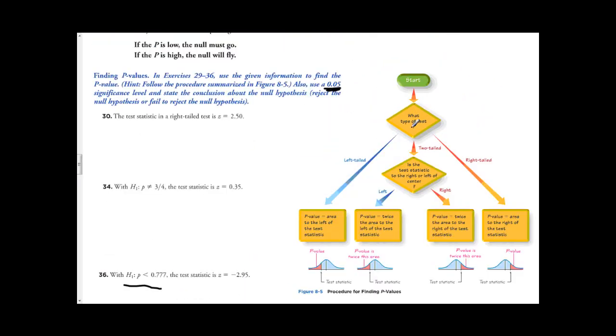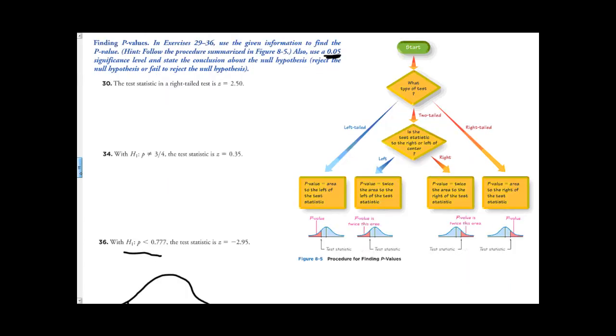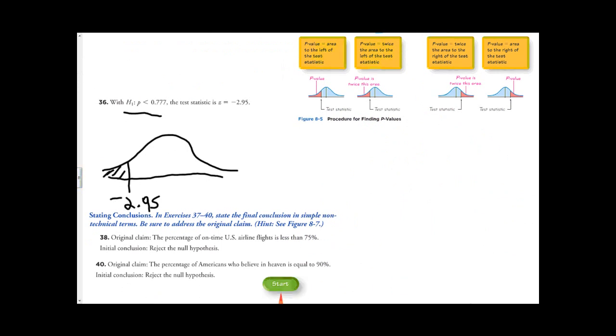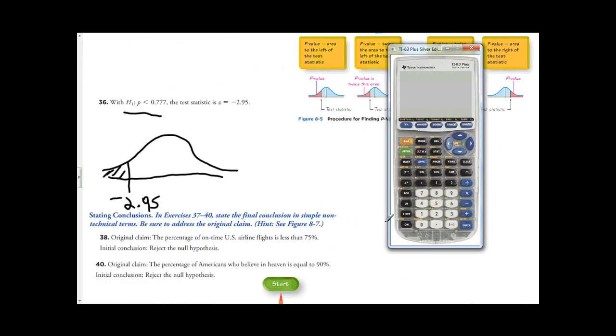So let's look up here again. What type of test? This is a left tail test. The p-value is the area to the left of the test statistic. So we just need to find that area to the left of the test statistic. So we go to the TI, and let's clear this first. Second distributions. We're going to do the normal CDF, and then we're going to put in the left endpoint.